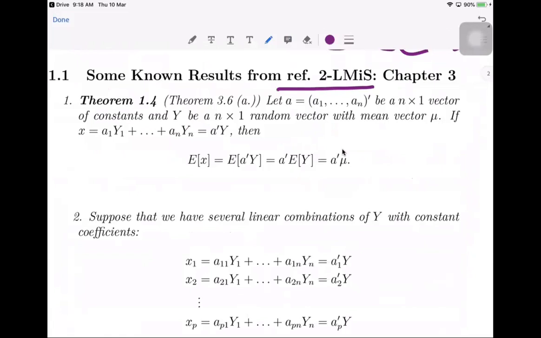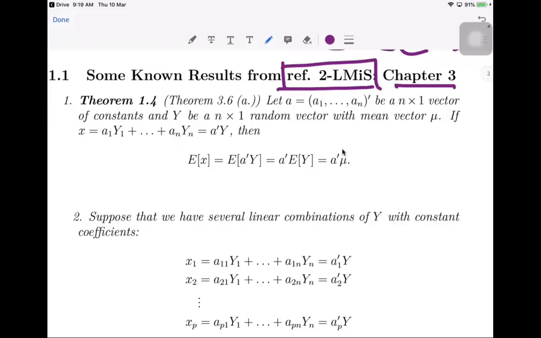These are obtained in the book of Rencher, chapter 3. The concepts in chapter 2 of Rencher are used in chapter 2 of Arnold, and the concepts in chapter 3 will also be used in chapter 3 of Arnold.